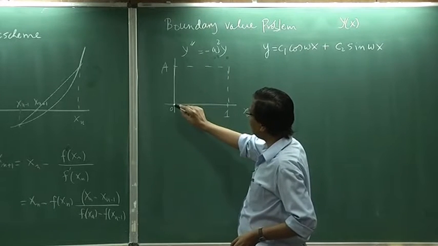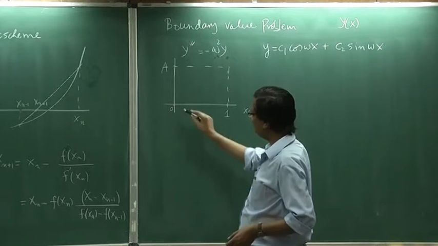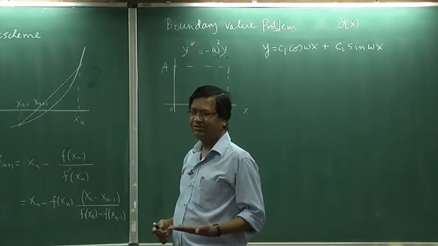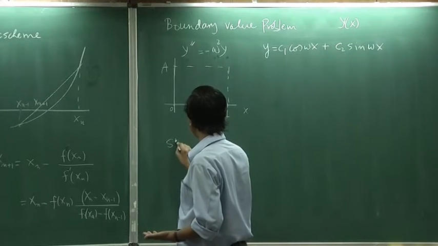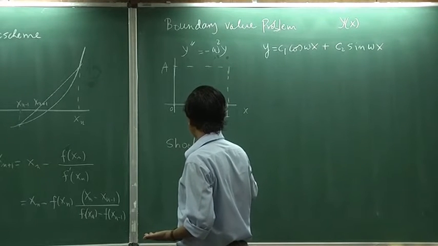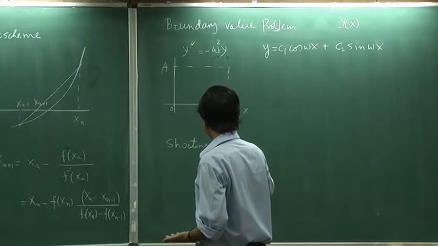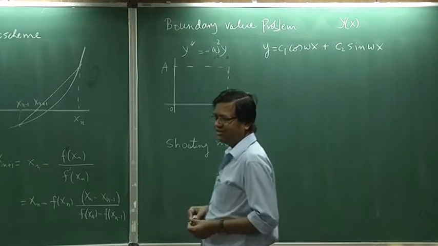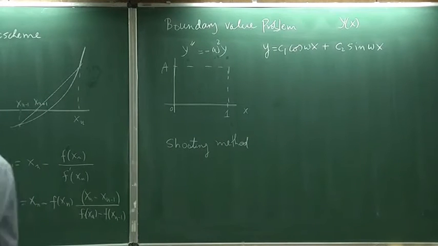So the idea is to start from this point and assume some slope. The first method I am going to use is called the shooting method. You know, in olden times, the artillery would shoot shells.